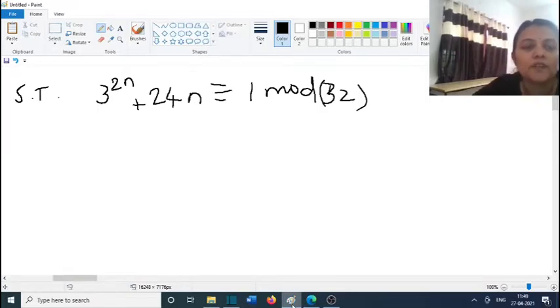Next problem: show that 3 raised to 2n plus 24n is congruent to 1 mod 32.